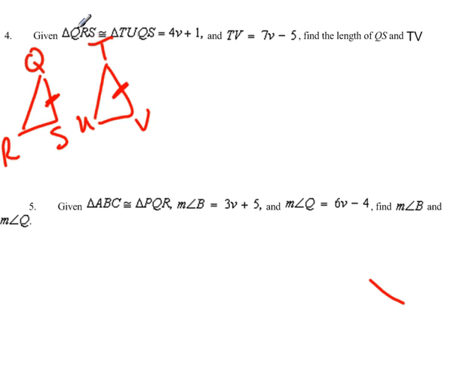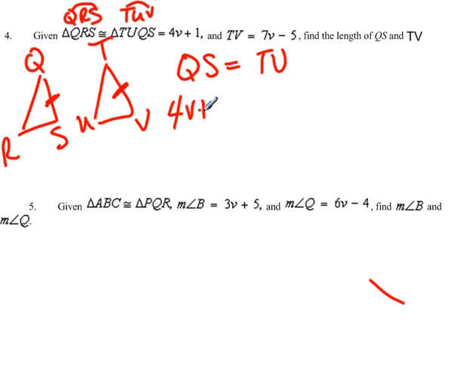If I'm looking at the triangle congruence of QRS and TUV, notice that QS and TV are corresponding. So that means that QS is equal to TV, or that 4v plus 1 is equal to 7v minus 5.